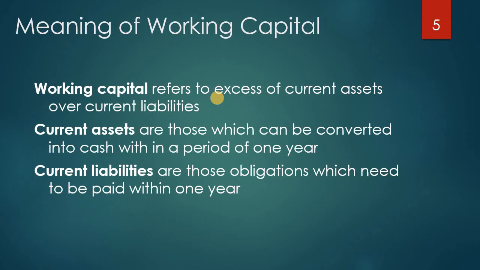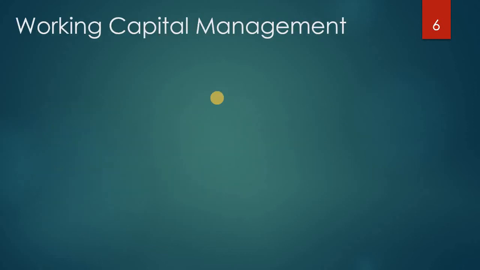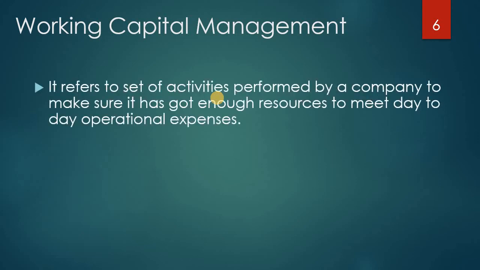Now let us go to the next one, meaning of working capital management. So what is working capital management? We have understood what is working capital. Next comes the management part. So what is that? It refers to a set of activities performed by a company. Management means there are a lot of activities performed by the officers, different levels of managers.